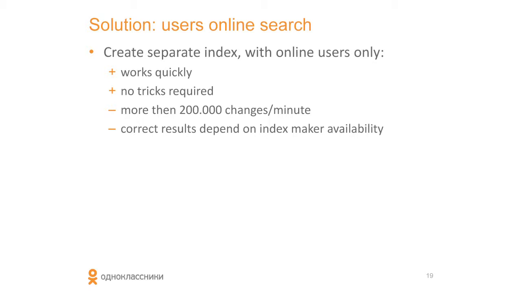There are no tricks to efficiently select users, but this kind of solution depends heavily on the index making server, and index making servers have to deal with more than 200 changes a minute, because when it receives that a user is online, it has to load the data, index, and replicate. So that's the downside, but for us, it saves another bunch of servers, so we're happy with it.